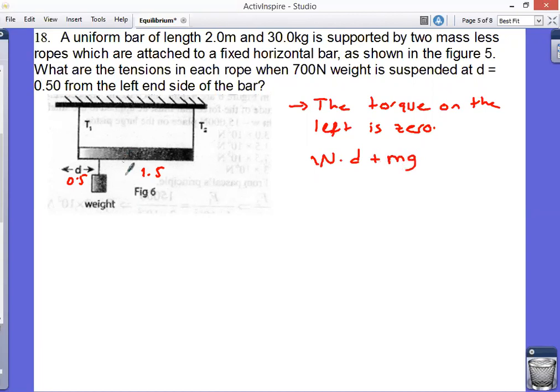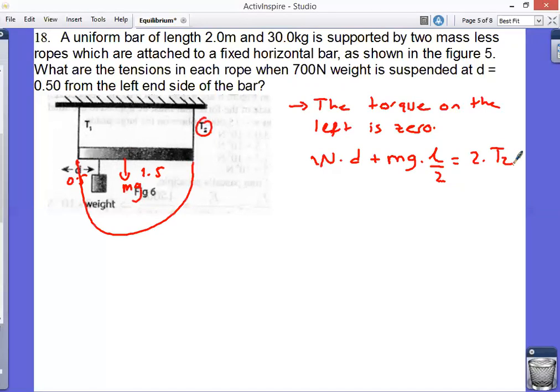There is going to be mg over here, don't forget it. mg times L over 2, the length of the bar divided by 2, which is going to be 1 meter, equal to 2 times T2, because we are taking from T1. So from T2 to T1, it is 2 meters, so 2 times T2, okay?